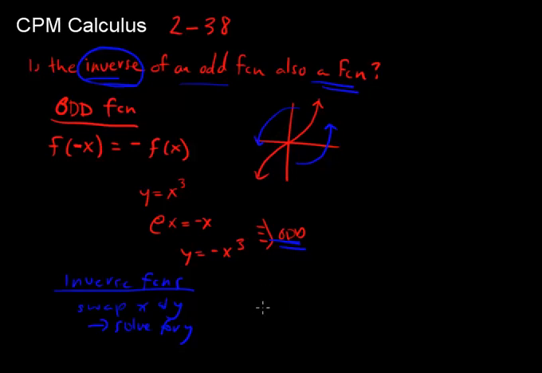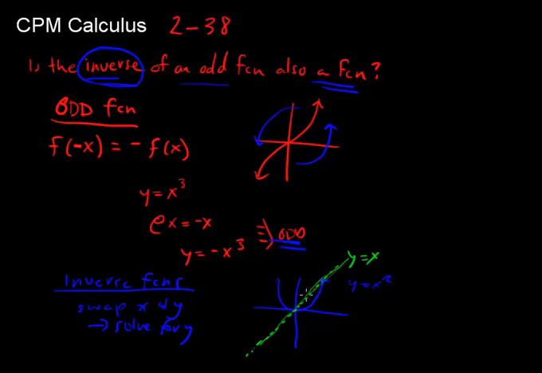Another property of inverse functions: say we have, I don't want to do an odd one first, y equal to x squared. The inverse function is going to reflect across the line y equals x.